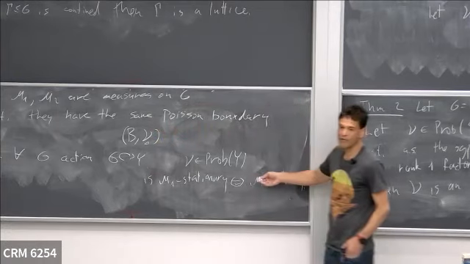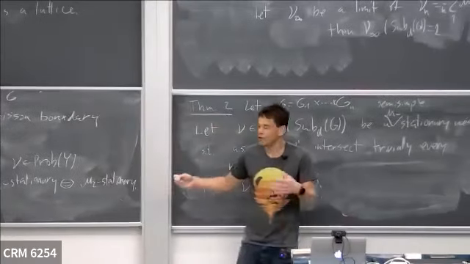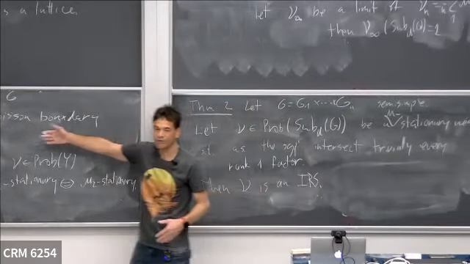To be mu1-stationary or mu2-stationary is not a property of mu, it's a property of the Poisson boundary.